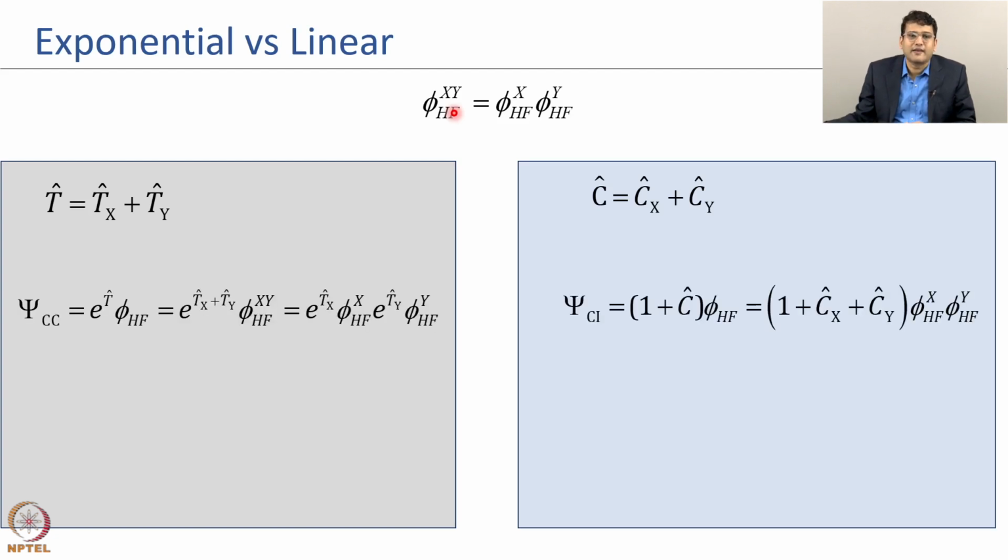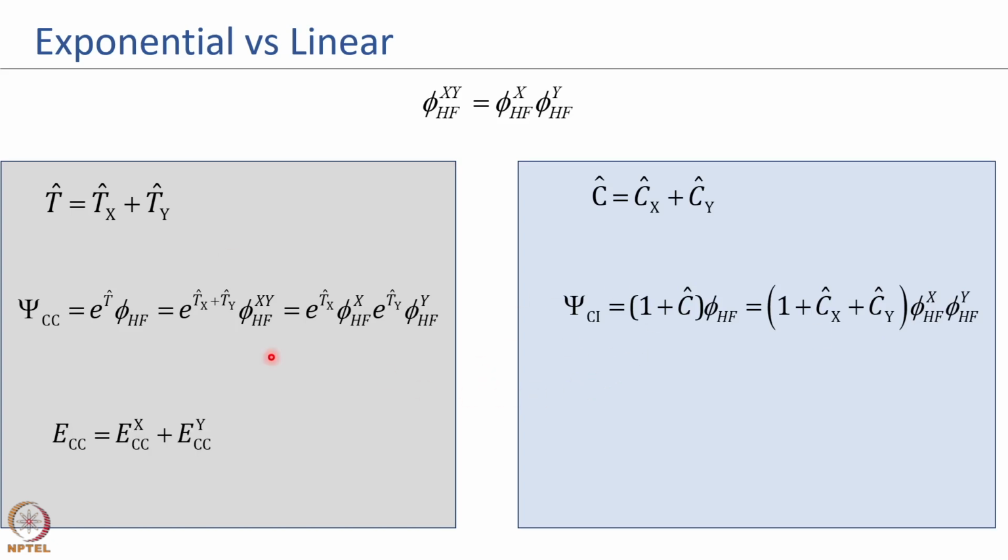In the case of coupled cluster, because my exponential operator is additive, the wave function can correctly separate. So I can write e to the power Tx plus Ty, and then write it in an individual multiplicative form of the wave function. Whereas in the case of CI, even when my Hartree-Fock wave function is multiplicatively separable, my total wave function is not multiplicatively separable.